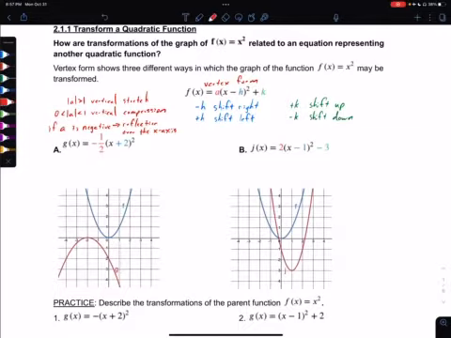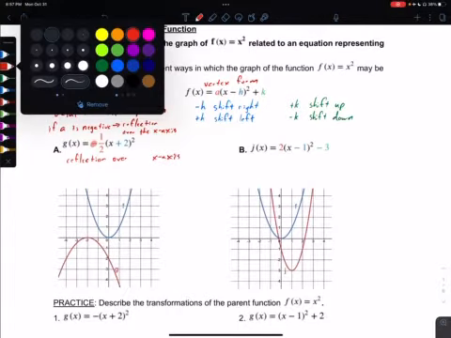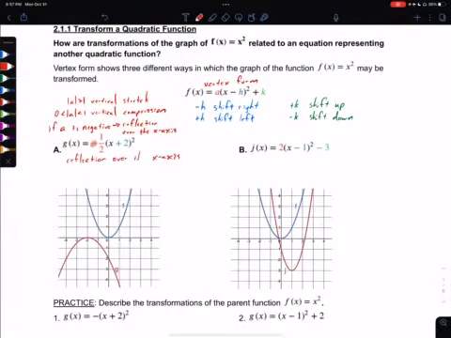So the negative value here is going to cause a reflection. Anytime a is negative, there will be a reflection over the x-axis. Now the 1/2 is also going to come into play.